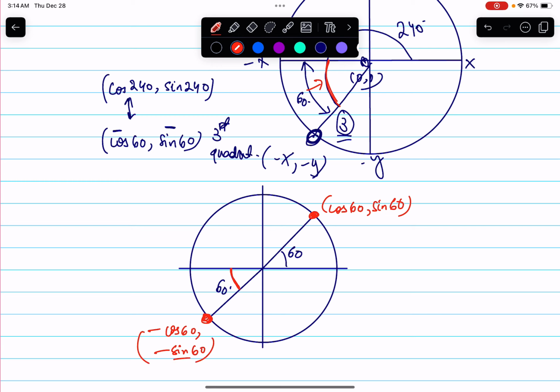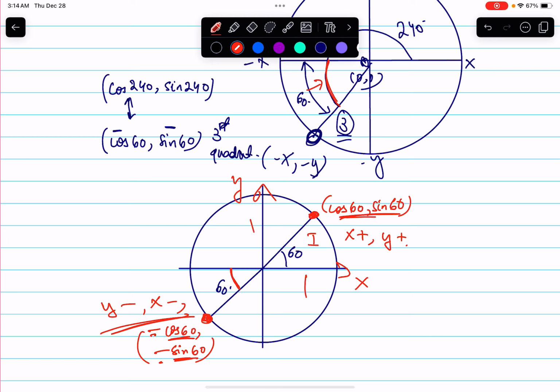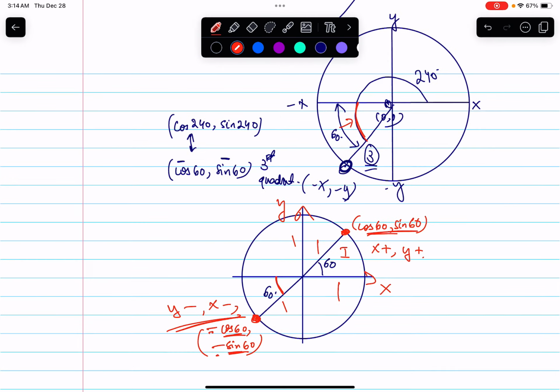Even if you forget about the sign and only see the absolute value, then these two would be exactly the same. But you would show a negative sign over here because once again, x is negative in the third quadrant and y is negative in the third quadrant. Whereas in the first quadrant, x is positive and y is positive. So you just draw the Cartesian coordinates with a radius of 1 on the unit circle to see how that takes place.